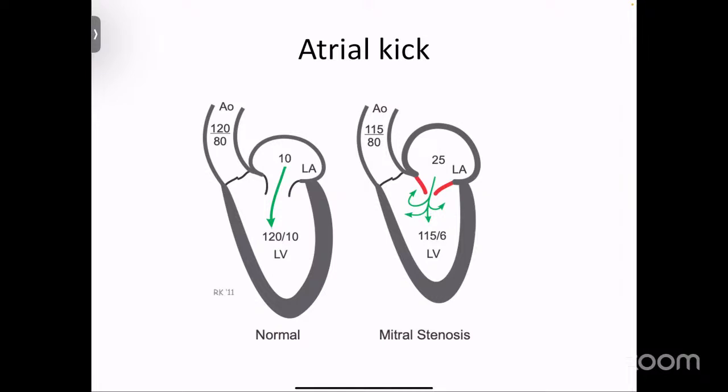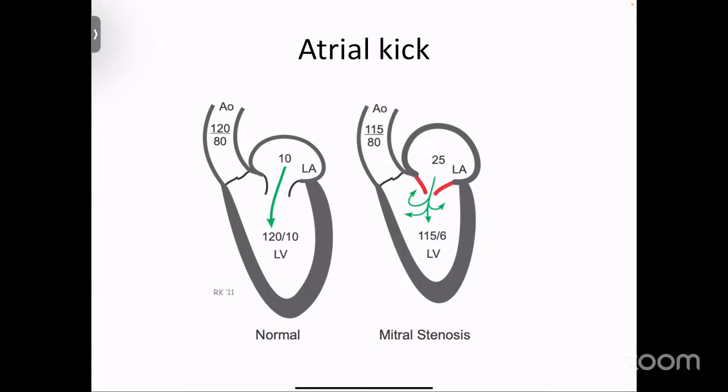Now, if the mitral valve area is less than 2 square centimeters, this impedes the blood flow from the left atrium into the left ventricle, and it creates a pressure gradient across the mitral valve. And as this gradient increases, the left ventricle requires the atrial kick to fill with blood.